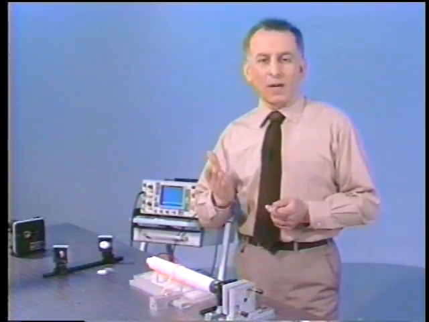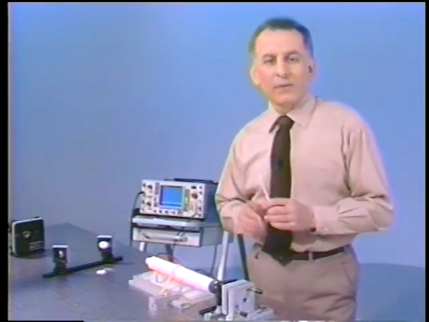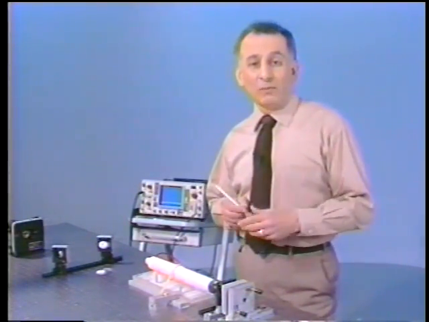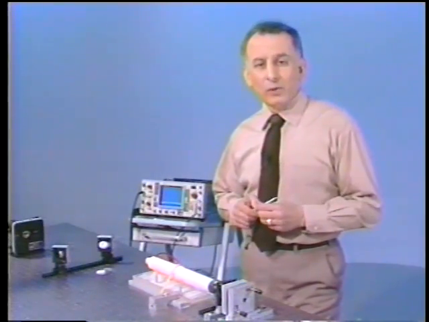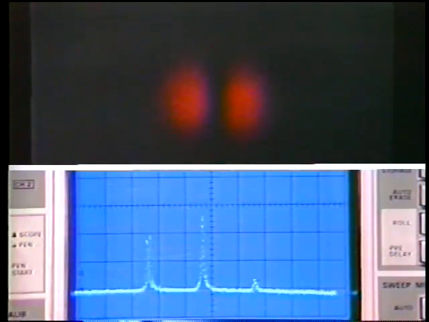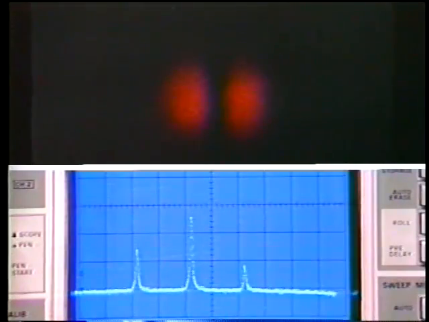Similarly, if I placed the wire at 45 degrees, I would have the 2 spots inclined at 45 degrees. Just in case you don't believe me, I'm going to do this right now. So let's look at the screen while I rotate the wire by a few degrees at a time, and then pick it up.